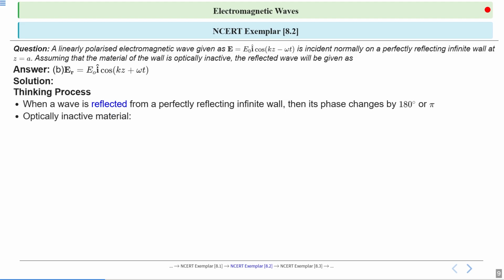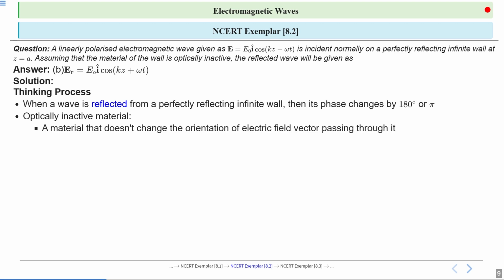Also, optically inactive material, what does that mean? It is explained by the polarization direction, but we have not discussed polarization yet, so I am explaining with the help of the electric field vector. A material that doesn't change the orientation of the electric field vector passing through it.